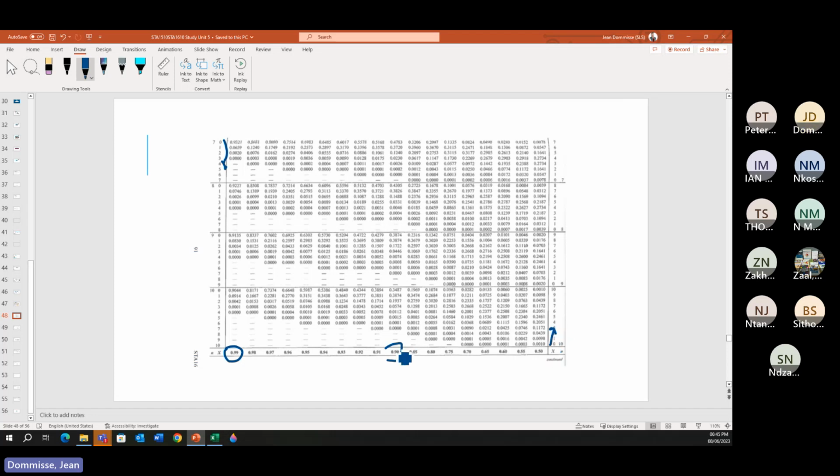So that first number would have been x at 3 with pi equal to 0.9 would have been that number. That would have been 4, 5, 6, 7, 8, 9, 10. Okay, so again, just want to show how we can use the table in a different way.